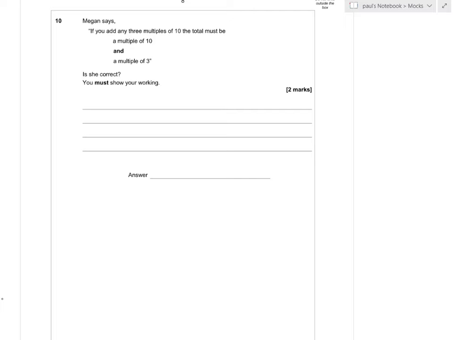If you add any 3 multiples of 10, the total must be a multiple of 10 and a multiple of 3. Is she correct? Well, probably not. Say if you add 10 plus 20 plus 30, that will give 60, which is a multiple of 10.